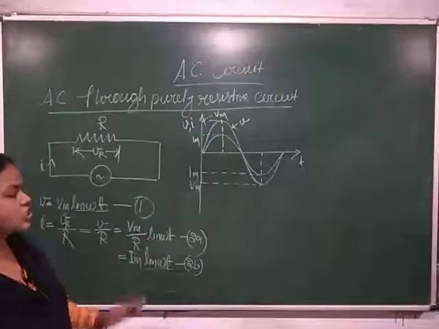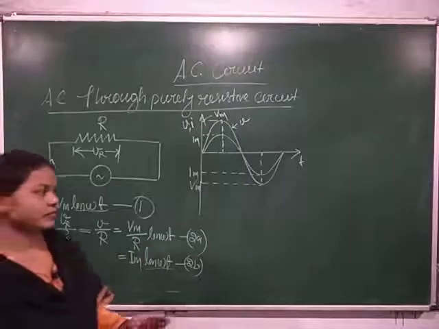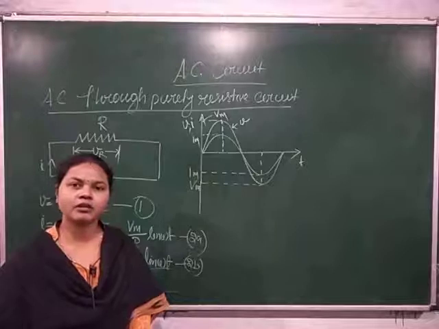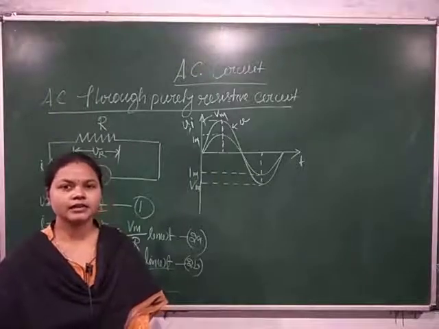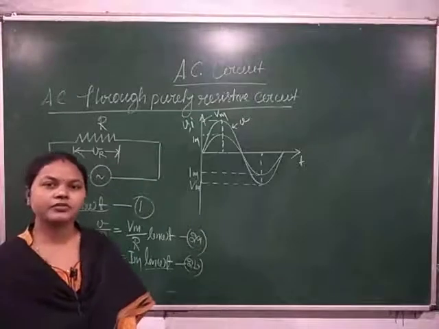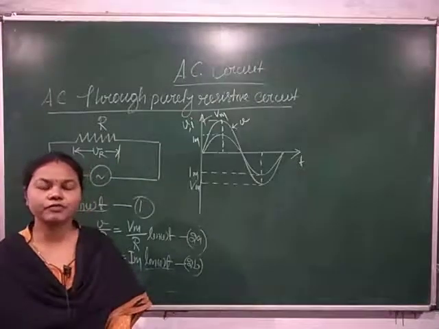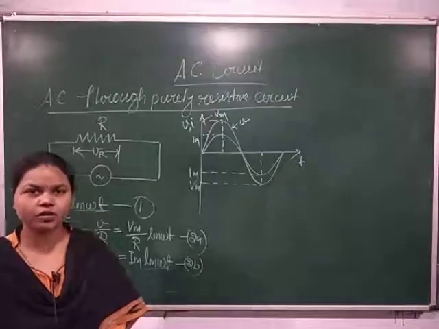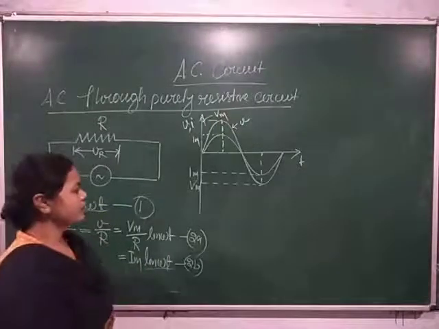Now, next one is the phasor diagram. The phasor diagram can be drawn by always taking the RMS value. So for drawing the phasor diagram of voltage and current, first you find the RMS value of these parameters.